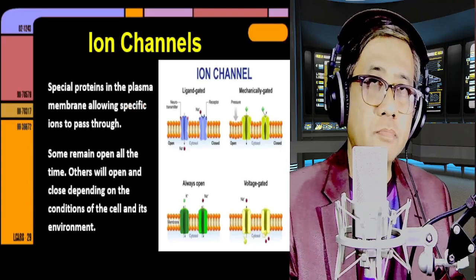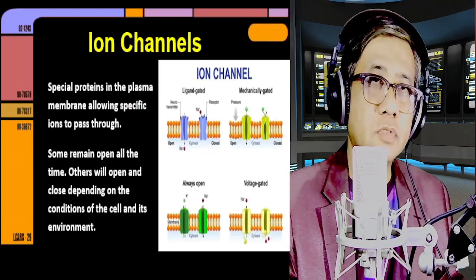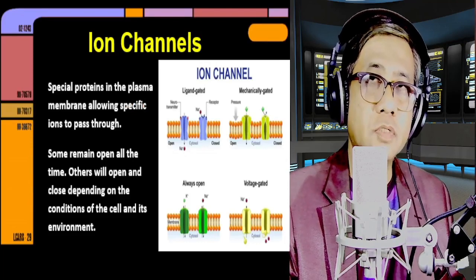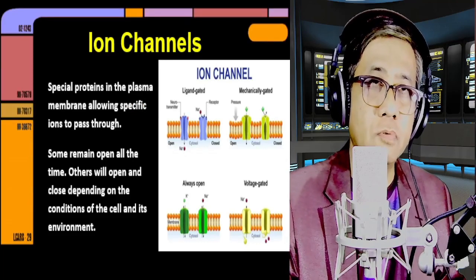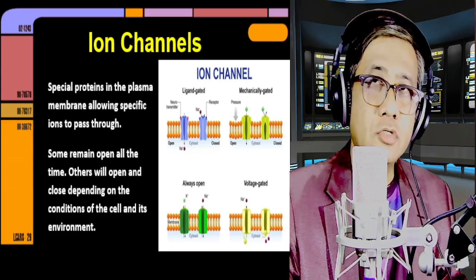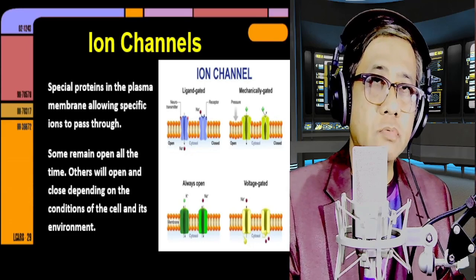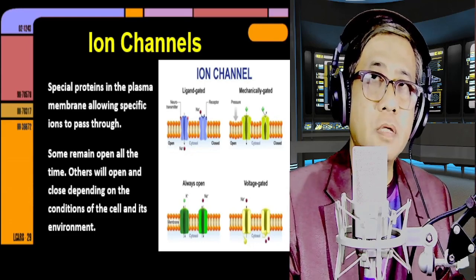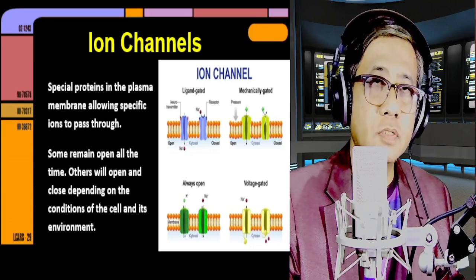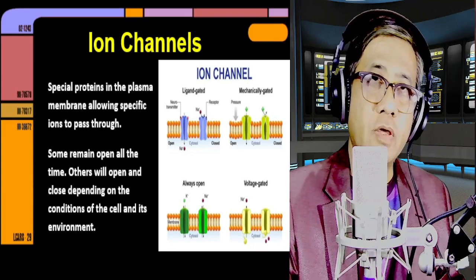These are special proteins that allow specific ions to pass through. Some of these ion channels remain open all the time. Others will open and close depending on the conditions of the cell and its environment.